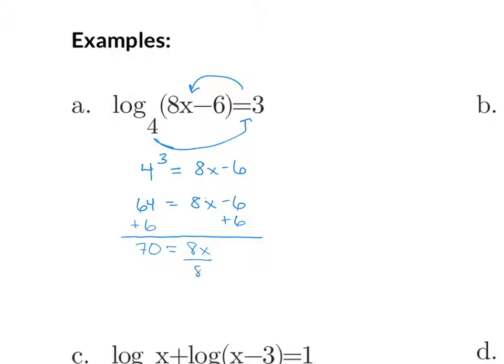And then we can divide by 8. We should go ahead and simplify the fraction. If we simplify it, we can divide both top and bottom by 2, giving us 35 over 4 equals x.